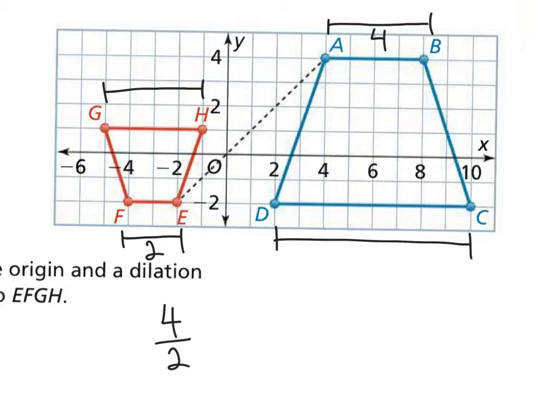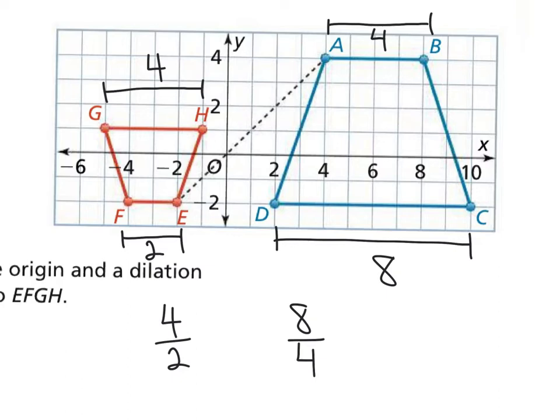And then we'll look at the same idea with our longer horizontal sides. So from D to C is 8. From G to H is 4. This one they don't have primes, so we don't really know what our new or old are.